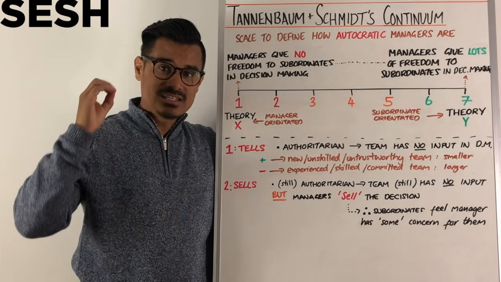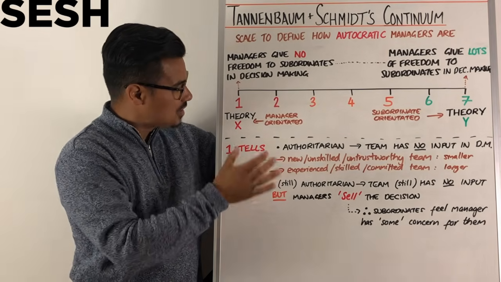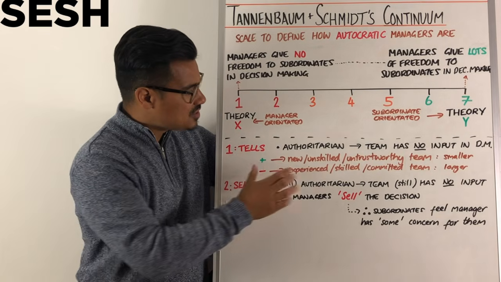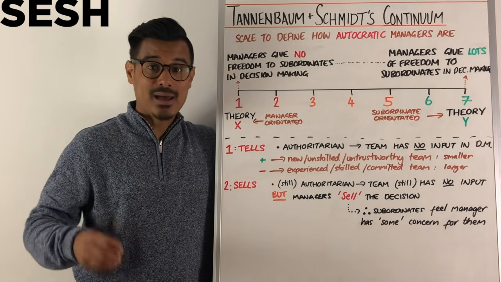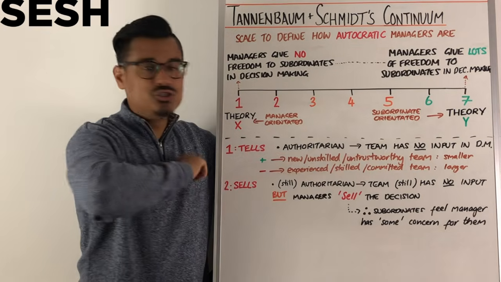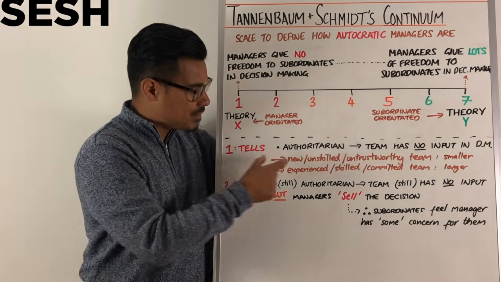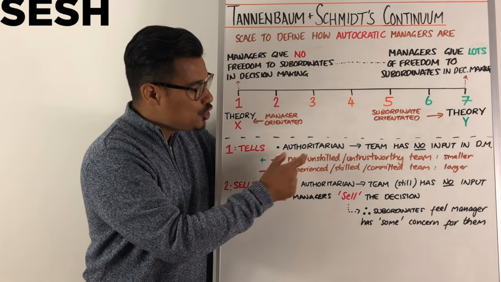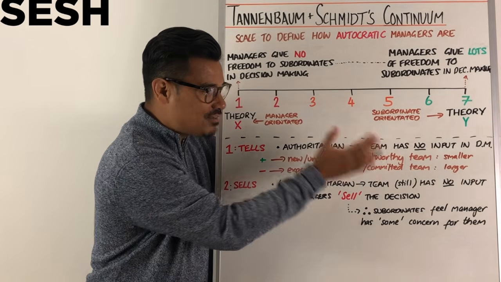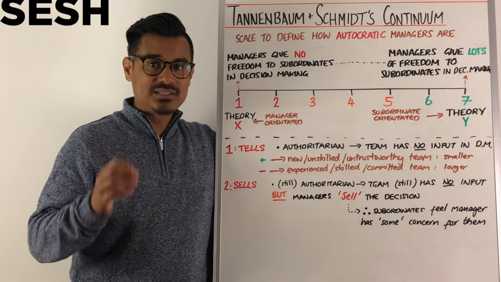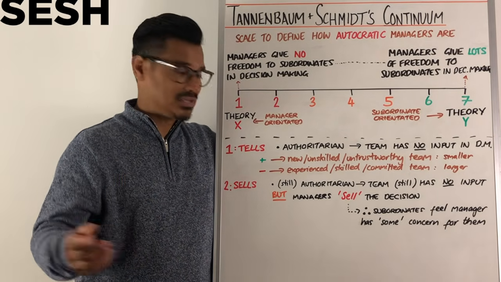The first is number 1, which is tells, the Theory X side. So tells is when you use an authoritarian management style. The team has no input in decision making, but this could make sense if you have new workers, unskilled workers, or even untrustworthy workers. And potentially if you have a smaller team, it might make sense.